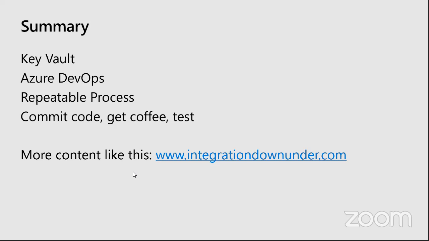And if you've got a test environment that you want to deploy to, as soon as the build completes, it will then deploy to test and you can do your testing. So basically it's that repeatable process of commit code, go get a coffee, and then come back and do some testing. And in both cases of these customers, it went from taking developer resources of several hours each time they wanted to do a deployment to now commit code, get a coffee, and test. So it's a much better process.